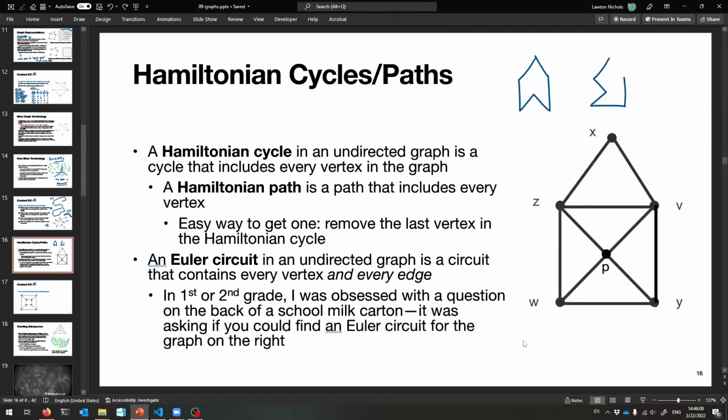So this is all coming full circle in my life now. Let's see if we can find an Euler circuit, I might have forgotten how, for this graph. We've got to draw it. We've got to visit every vertex and every edge just once.